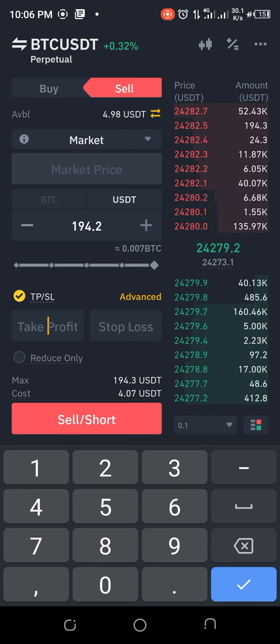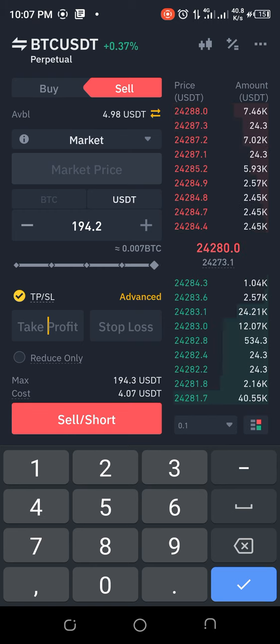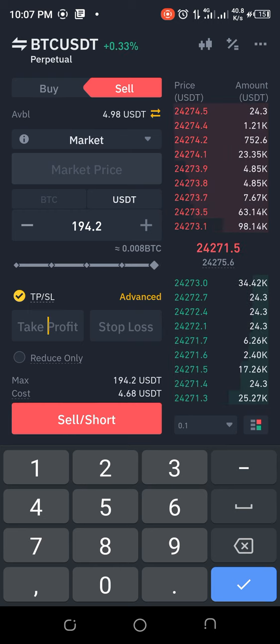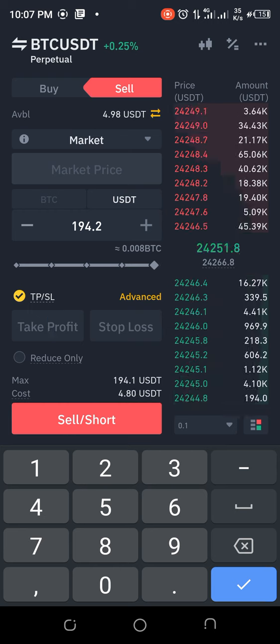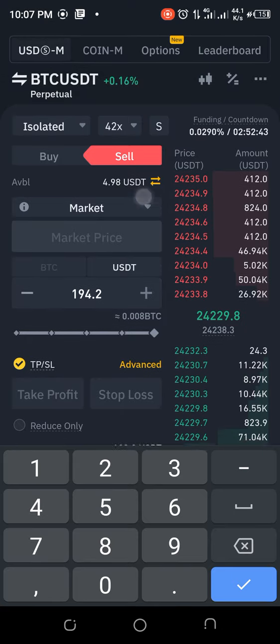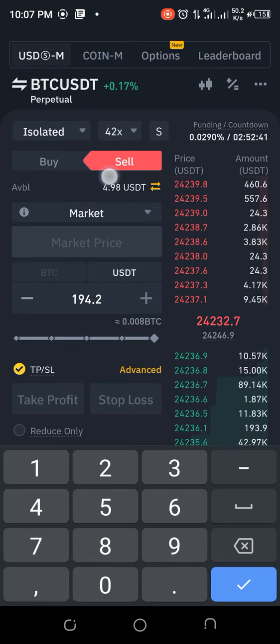You get. Now let's say I enter BTC at 24,266. Then I want to take profit at the price of 25,000. So after setting all my trade, like I told you earlier, all these preferences up here.